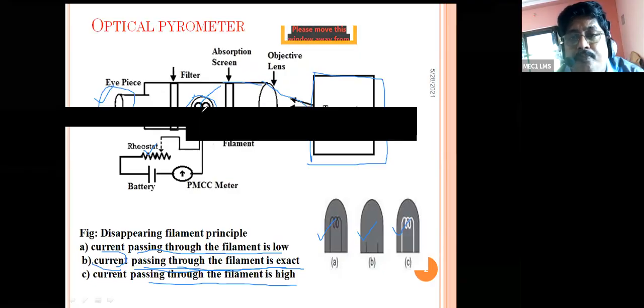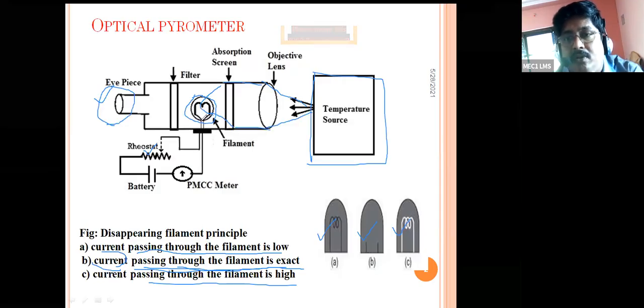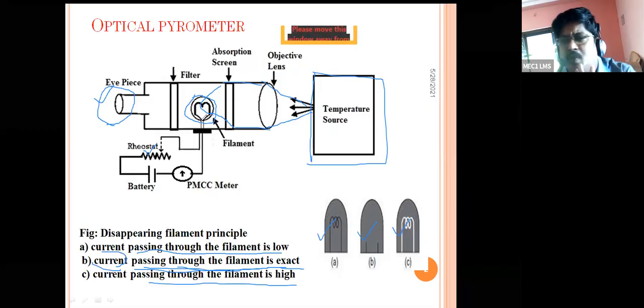Here actually the bulb is glowing. All of you remember this point: when the current is sent, the filament glows continuously. When the radiations fall on this, that means the radiation temperature and the filament temperature are equal, then the filament disappears. Then we have to understand the temperature of the body is matched. So whatever current you adjusted, that current is calibrated in terms of the temperature of the body. Now you got the point.